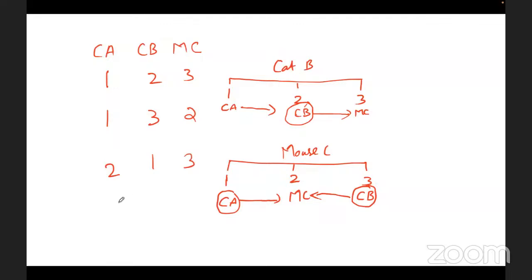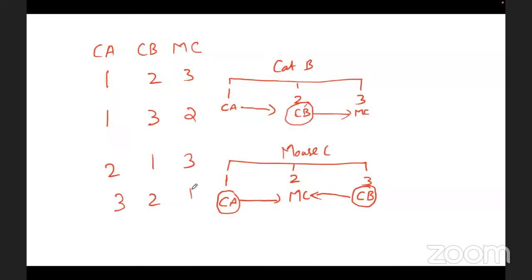So if the coordinate is like 3, 2, 1, if I change the coordinates, okay, how will you find the answer? 2 and 3, cat A will win.